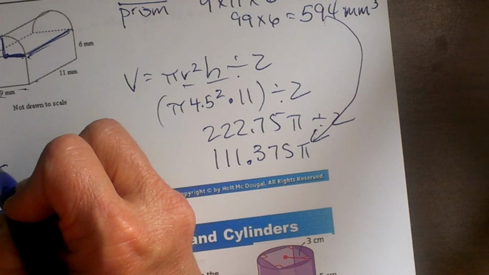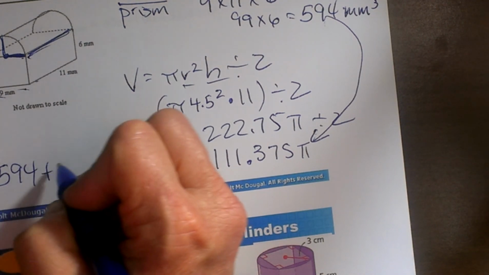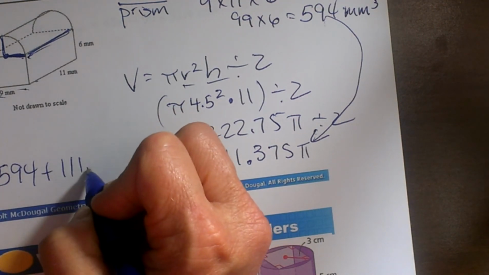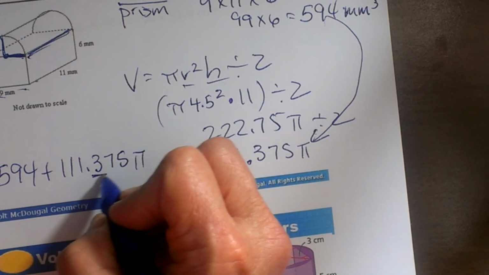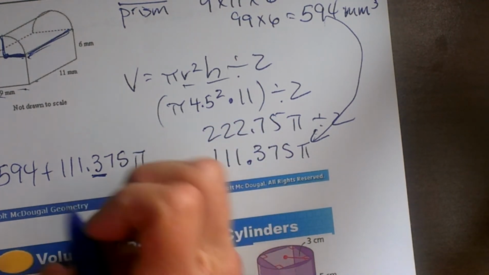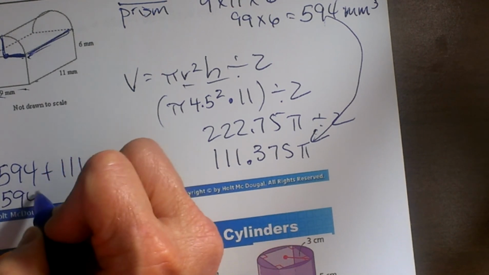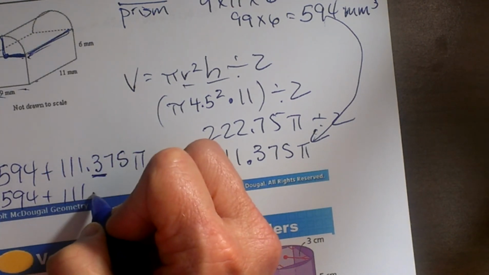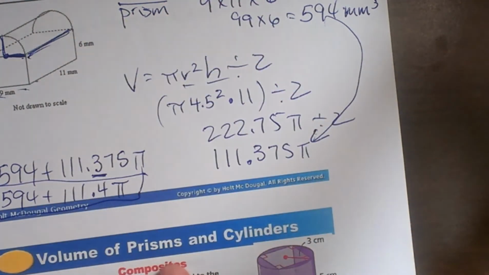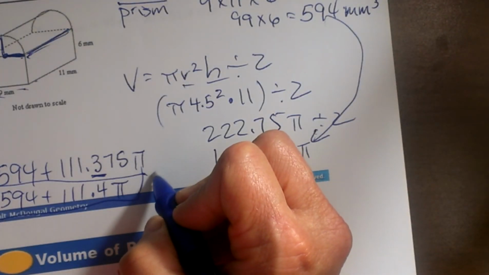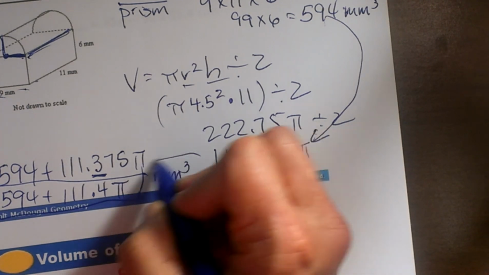So I've got 594 plus 111.375 pi. Now we usually round to tenths, so I'm going to round that 3 to what? A 4. So 594 plus 111.4 pi. And because that has a pi, I can't add them together, and I just stick my units with it, which is millimeters cubed.